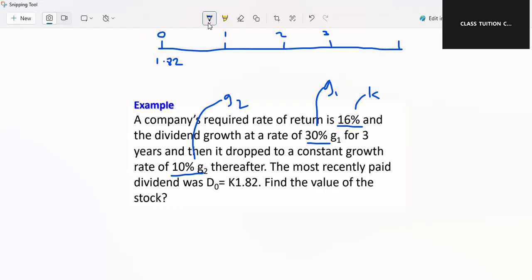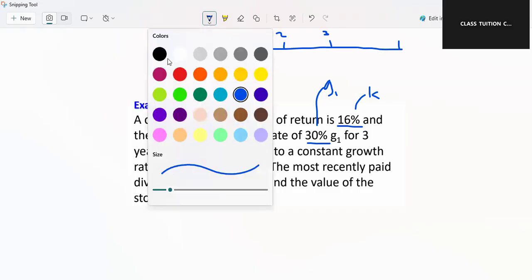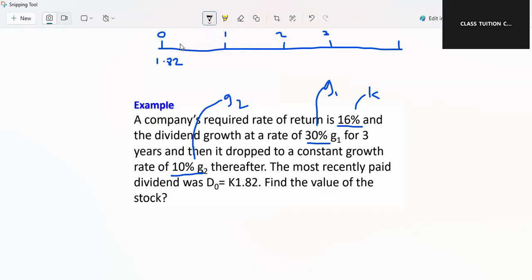Remember the shortcut I gave you. You're multiplying each of these years times 1.3, because it's growing by 30%. 1.3 for the first 3 years.